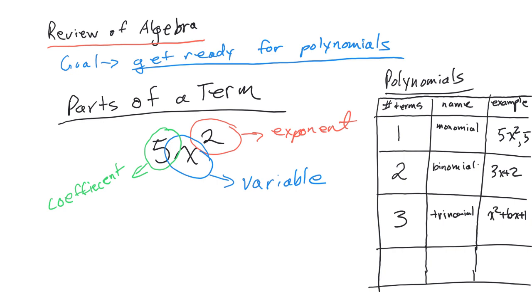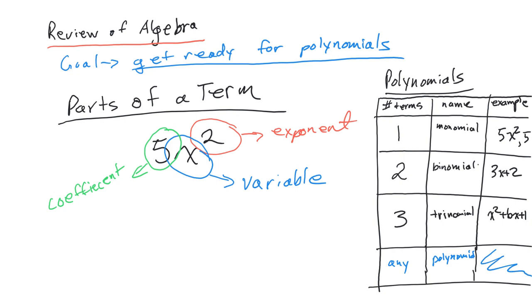So the last thing is, imagine if I have any number of terms, right? We call this just a polynomial. So don't worry about that. I'm not going to talk about that.